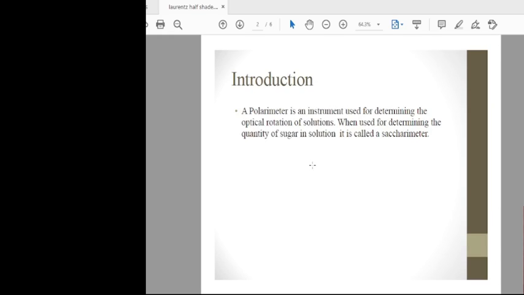Once again, a polarimeter is an instrument used for determining the optical rotations of solutions, and when it is used for measuring the quantity of sugar in a solution, it is called a saccharimeter.